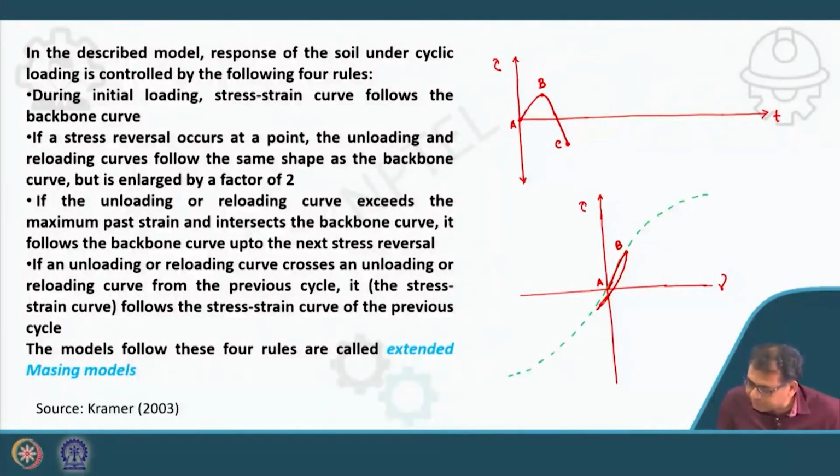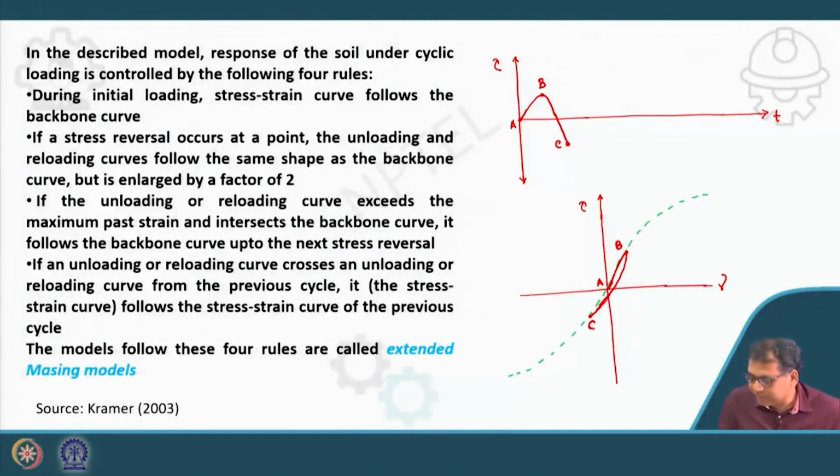Now it will go here, and it will intersect the backbone curve, say at the C point.